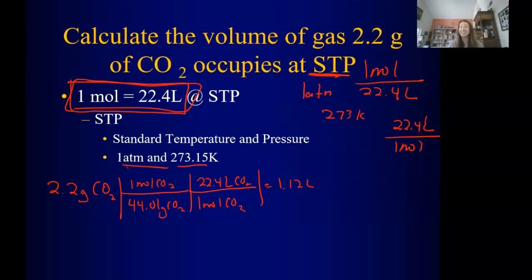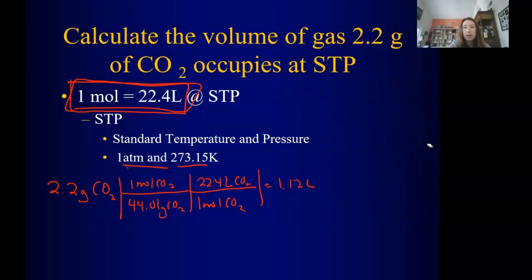Nice shortcut. The other way we could have done this, you could have used PV equals nRT. Because if we use PV equals nRT, we want volume, we have a pressure, it's 1 atmosphere because it says STP.